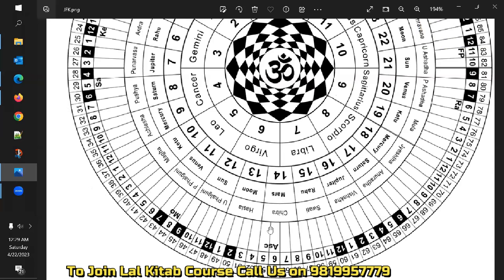If somebody dies, is there any calculation in the circular chart? A person dies in the 40th year and his natal planet is in the 86th year. Can we just say if his planet is in the 86th year, he has to live up to 86 years?